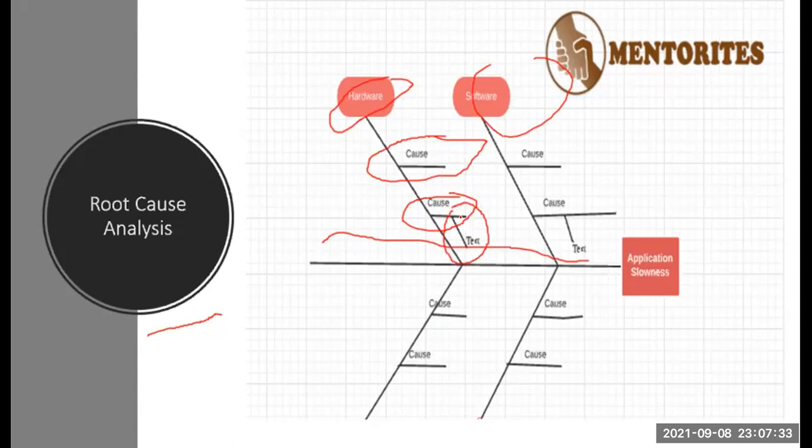Then this is when you analyze the results and brainstorm on these different causes to find out what the real problem is. This is quite a self-explanatory technique, but we'll quickly take a look at a simple diagram to understand.